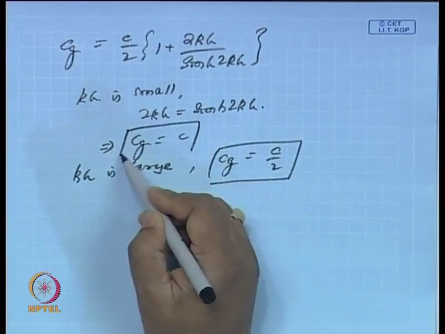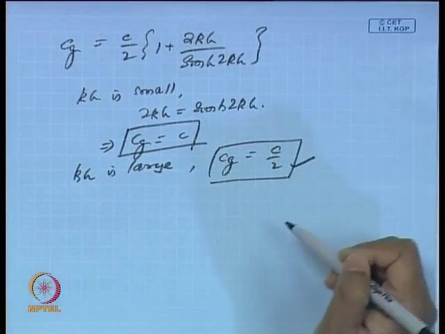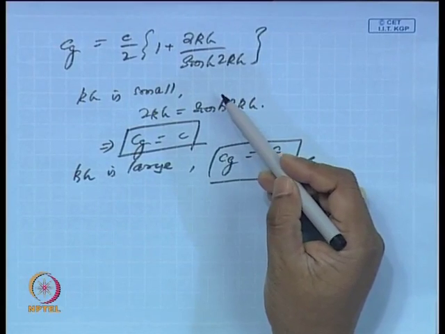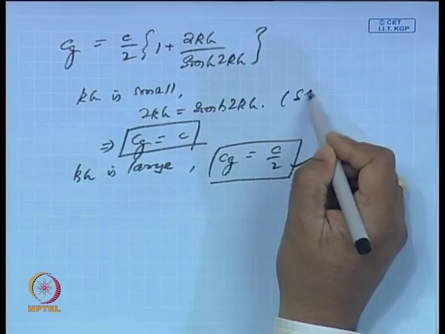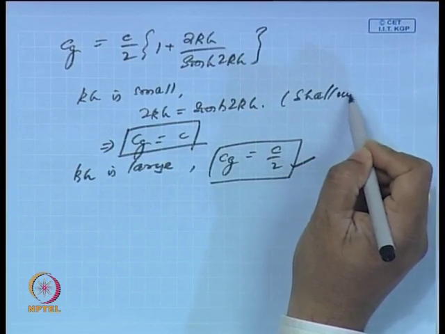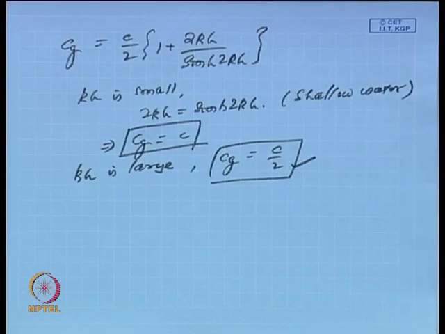So in case of deep water, the wave energy propagates at a rate which is half of the rate at which the individual monochromatic waves propagate. On the other hand, in case of shallow water, the energy propagation is the same as the individual wave propagation.